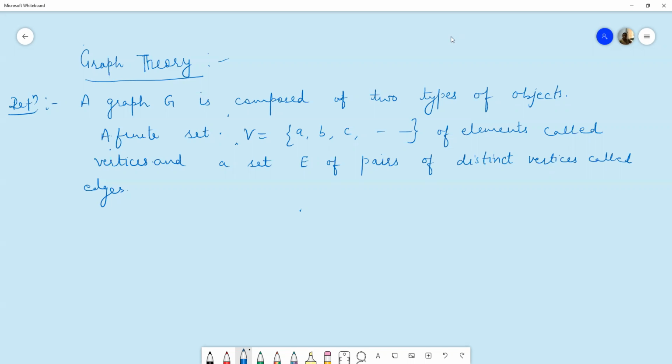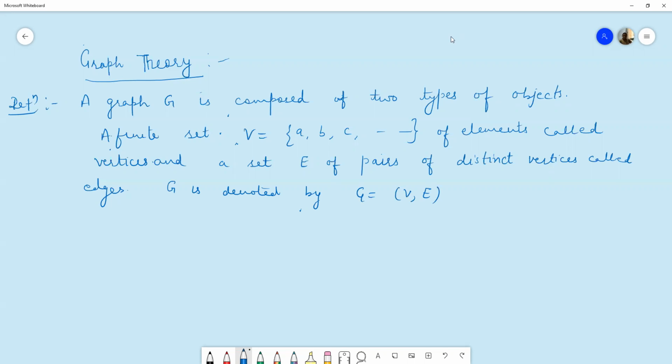So we denote the graph G, whose vertex set is V and whose edge set is E, by G equals the pair (V, E).